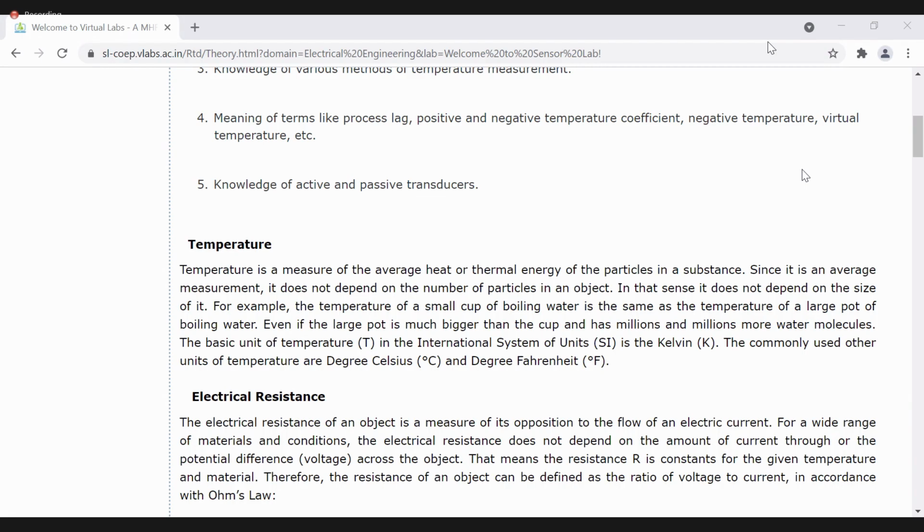What are the different materials we can use in RTD? Sir, we can use platinum, chrome, nickel, balco, and tungsten, sir. Okay, 43. Good.